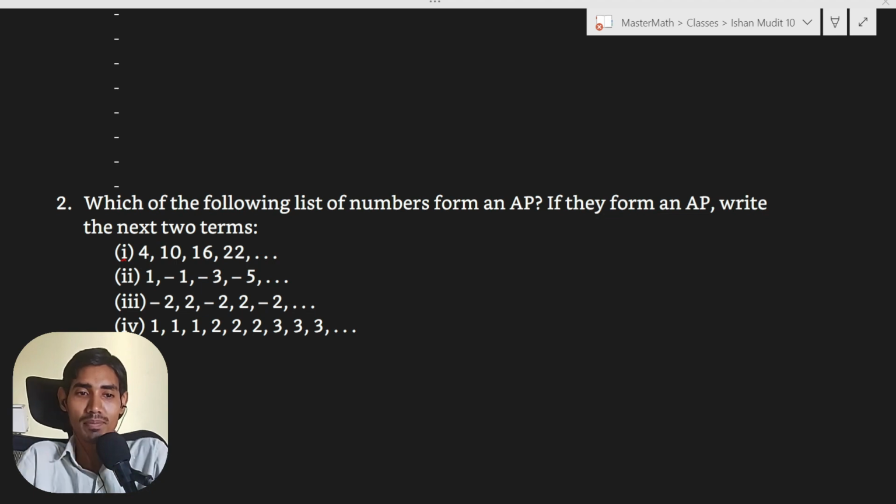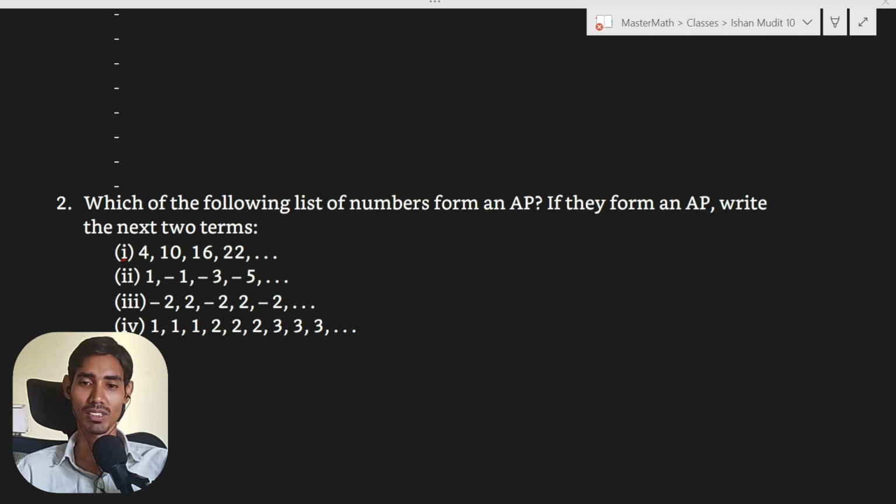Yes, Mohita. The first one forms an AP, and the next two terms will be 28 and 34. Is that okay, Ishan? Okay. Verified.